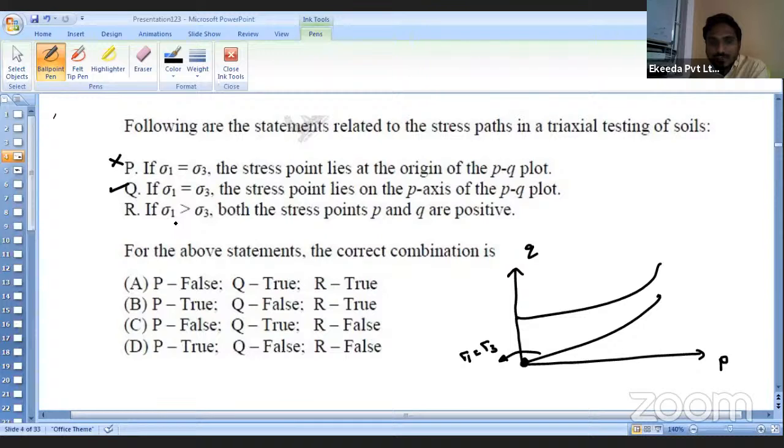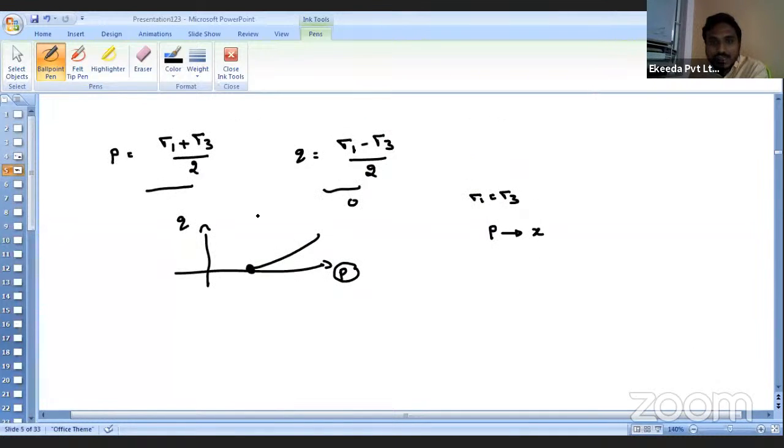And what is the third statement? If sigma 1 is greater than sigma 3, then both the stress points P and Q are positive. What is the P value? Sigma 1 plus sigma 3 by 2. And Q is sigma 1 minus sigma 3 by 2. If sigma 1 is greater than sigma 3, then it is obvious that both the values are positive.